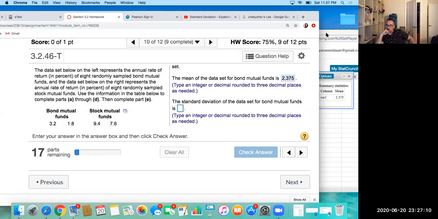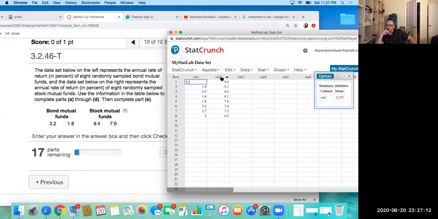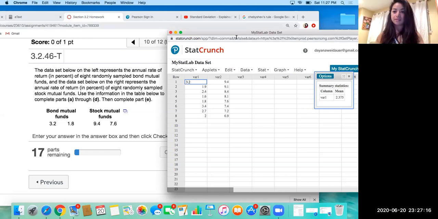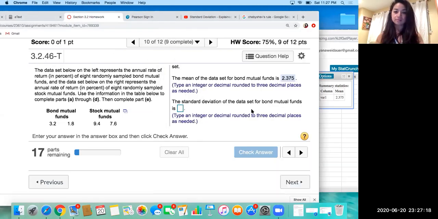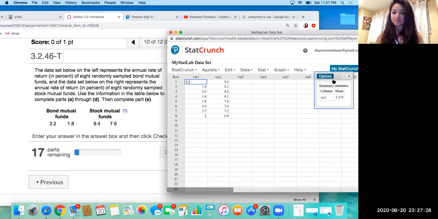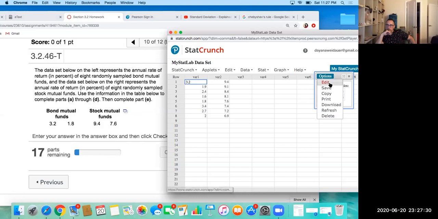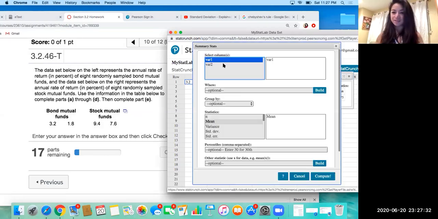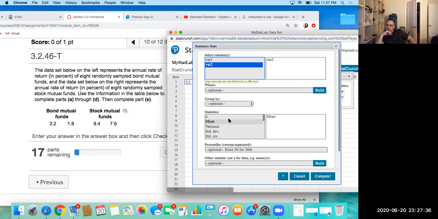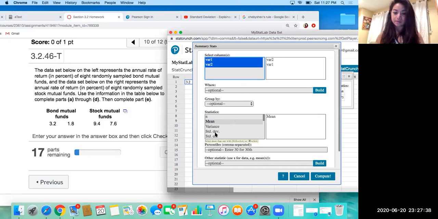Excelente. Now, what does it want? The standard deviation? It's the same, but for the stock. Wait, the standard deviation for the bond. No, it's the standard deviation. Go to options and then just click them both and do the mean and standard deviation for both.